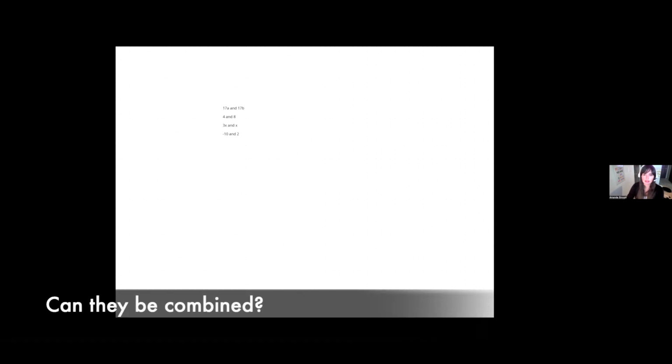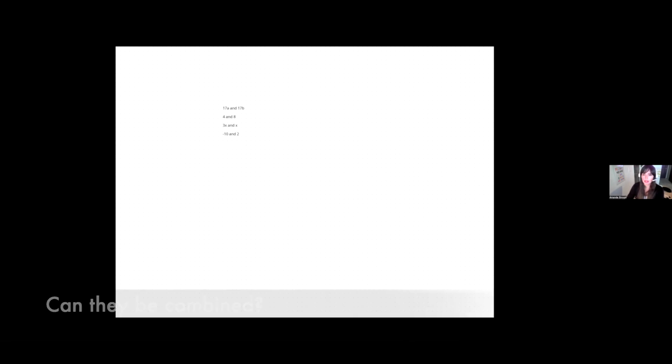Let's take a look at these here. And let's see if we can combine them. 17a and 17b. Yes or no? No. Why is that? A, B. They have different variables. Let's look at this. 4 and 8. Yes or no? Yes.